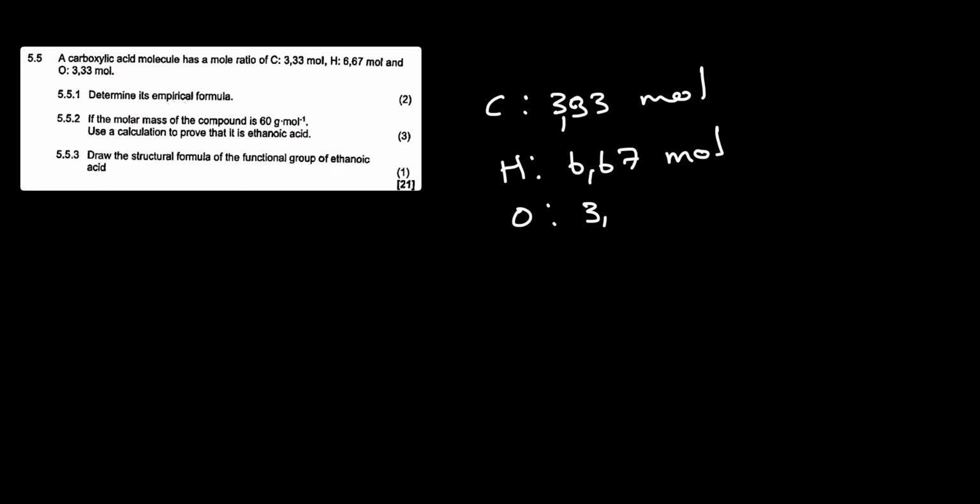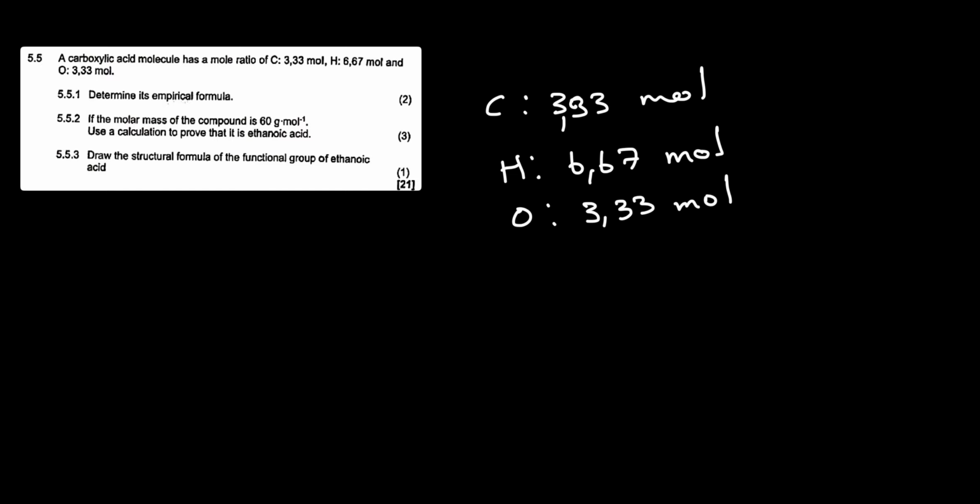Okay, so as we continue, we have question number 5.5, and it says that a carboxylic acid molecule has a mole ratio of carbon of 3.3 mole, hydrogen of 6.67 mole, and lastly oxygen of 3.3 mole.